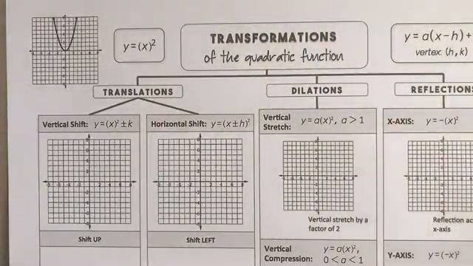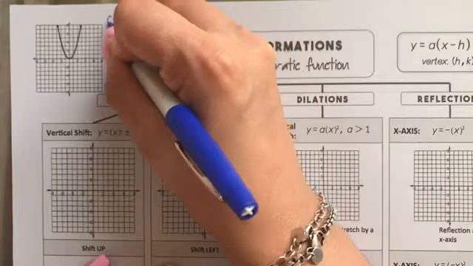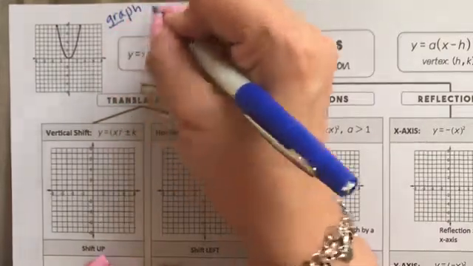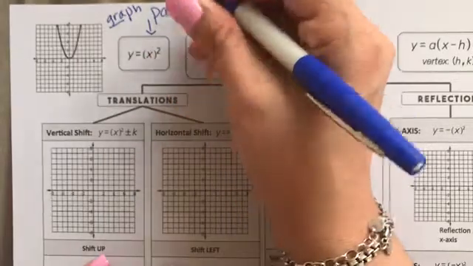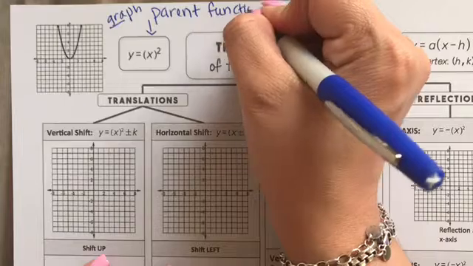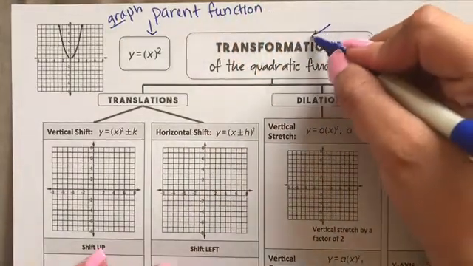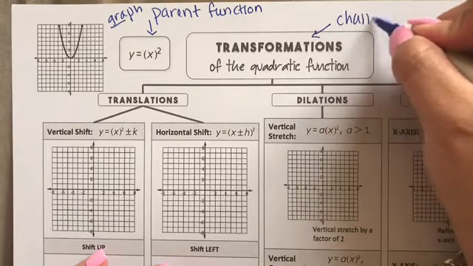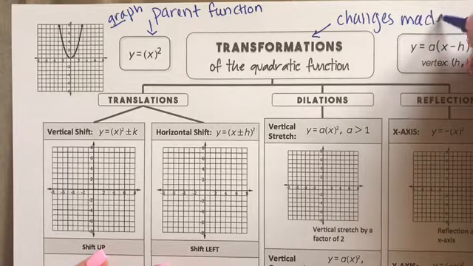When we're transforming quadratic functions, you want to start off with the parent function. So this is the graph, and this is the actual parent function. When we're talking about transformations, we're talking about changes made to the parent function.